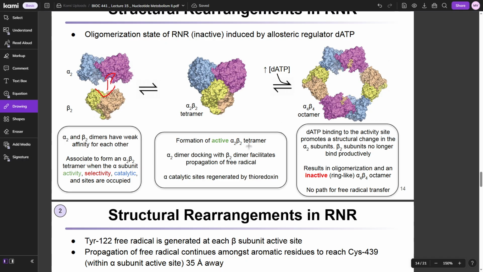And so it forms the active alpha-2 beta-2 tetramer, and the reaction goes from there. When dATP gets high, it binds to the activity site and promotes a structural change where it opens up the ring, and that results in an inactive oligomerization. And there's no way for the free radical to transfer in that, which is why it stops working.